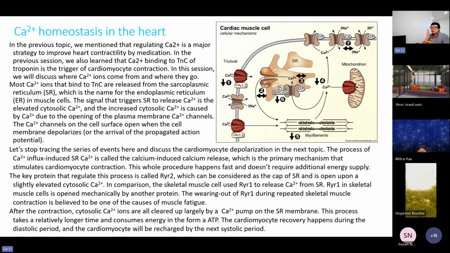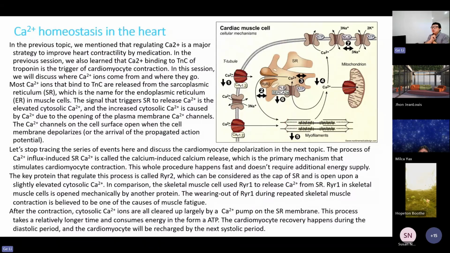So now we know that it's the elevated calcium concentration in the cytoplasm that activates the troponin. The next question is, what factors contribute to the elevated calcium in the cytoplasm?